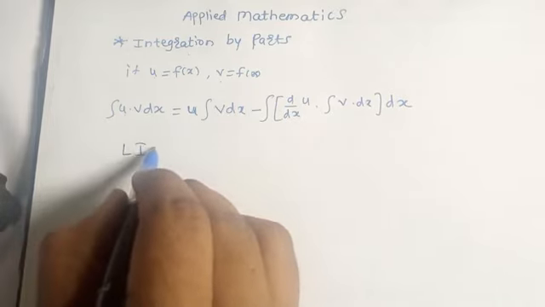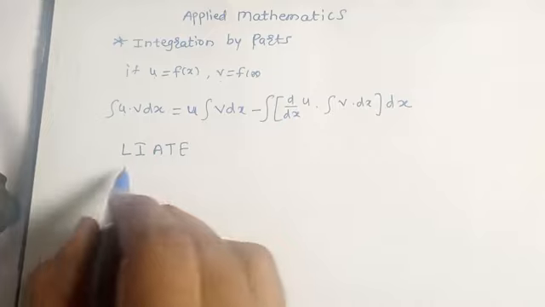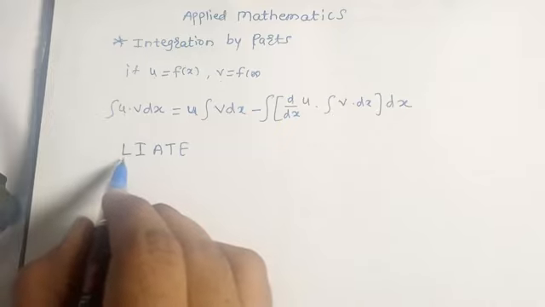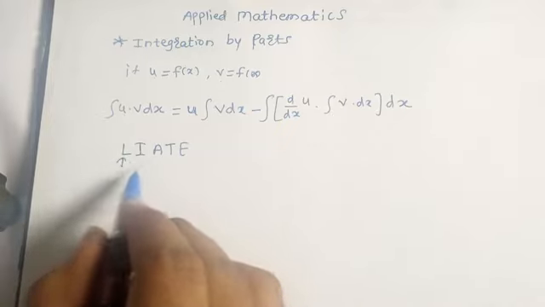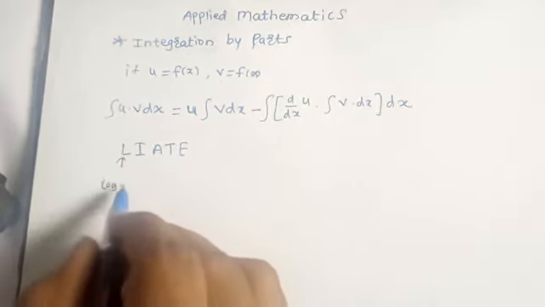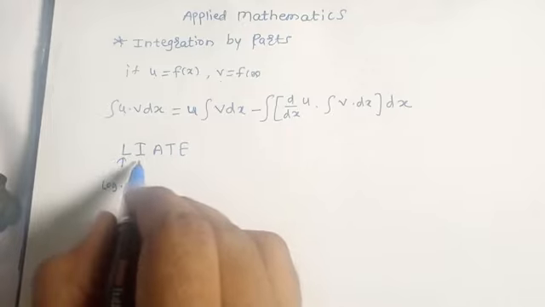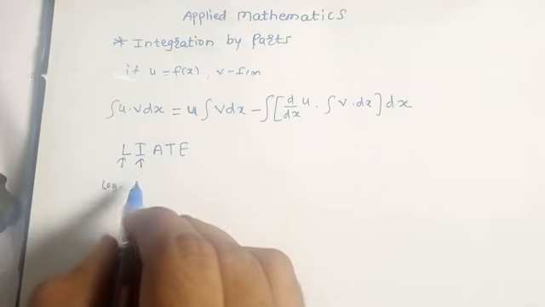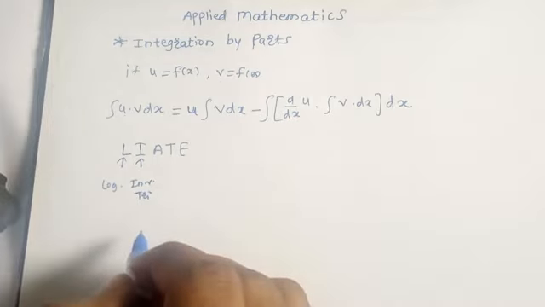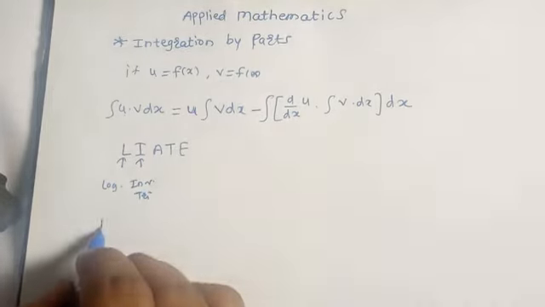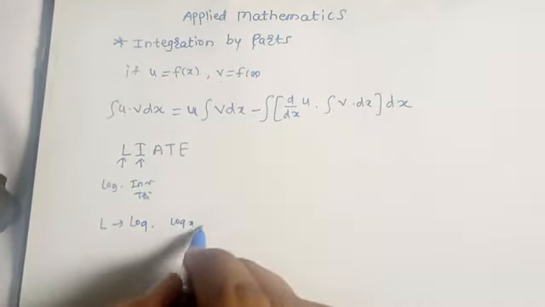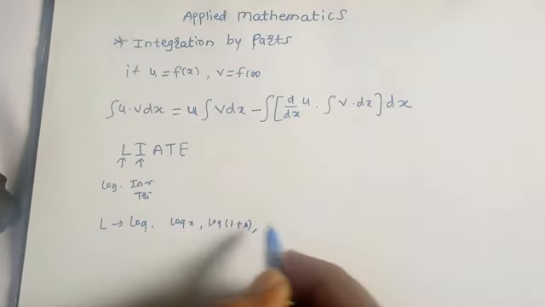Just keep in mind this LIATE rule. The L in this word LIATE means logarithmic functions, such as log x, or log of 1 plus x, or log of some other terms.